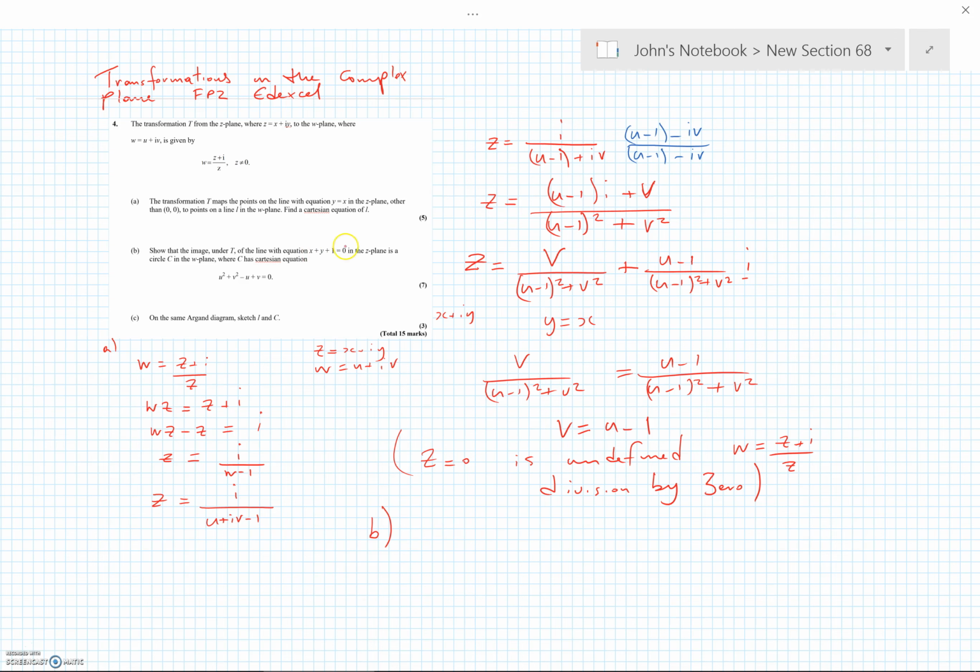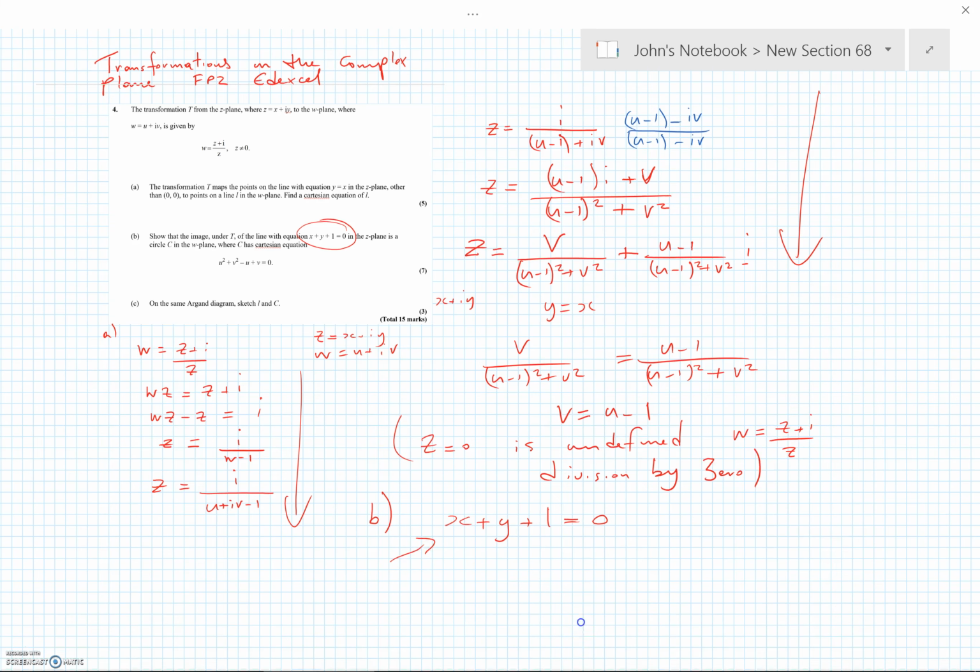So if we have x plus y plus 1 equals 0, we've done a lot of the hard legwork, up to here. We've got z in terms of v and u, and we can now sub that into here.